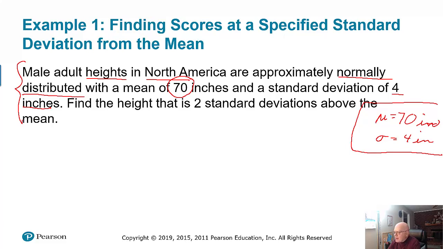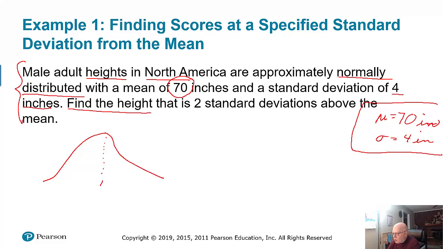Now this one says, find the height that's 2 standard deviations above the mean. Well, the next thing I do is, and I'm not an artist, as you can see, but I create a picture. Here's my normal curve.